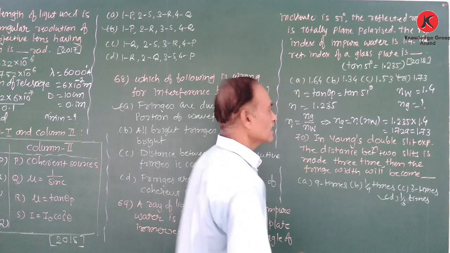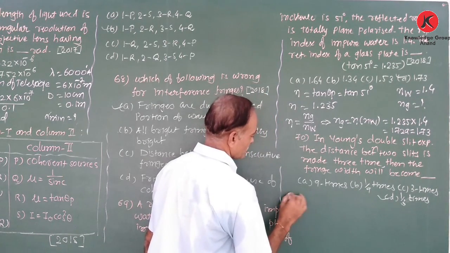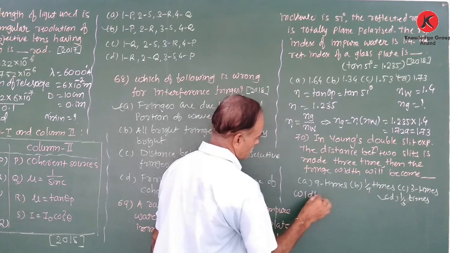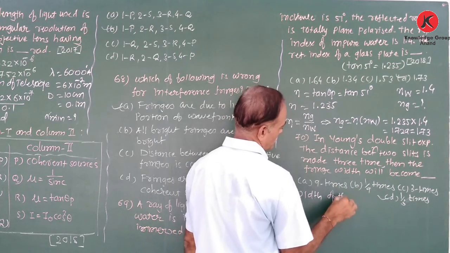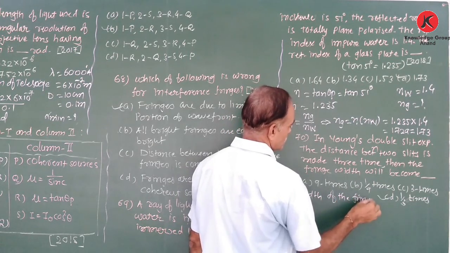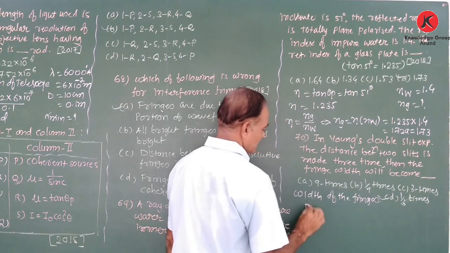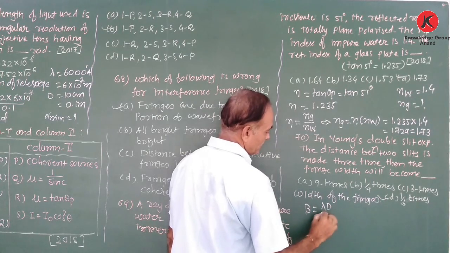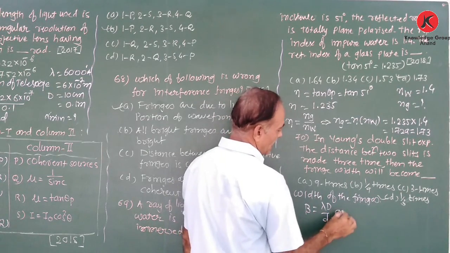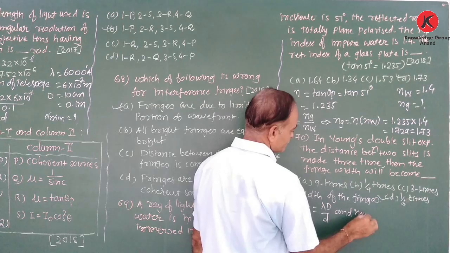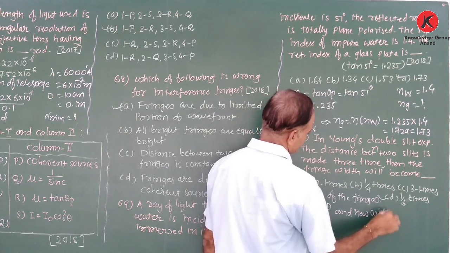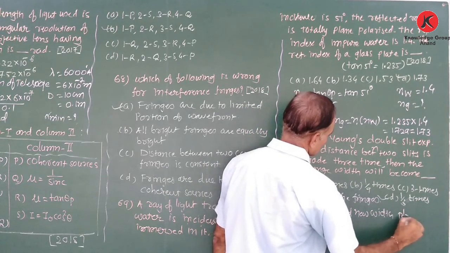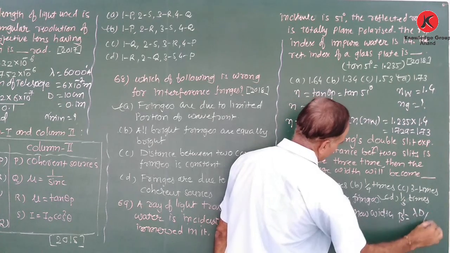We know that the width of the fringes beta is equal to lambda D upon d, and the new width beta dash is equal to lambda D upon d dash.